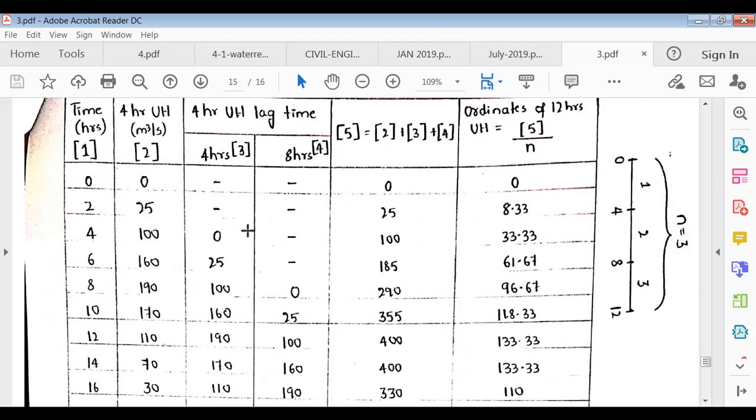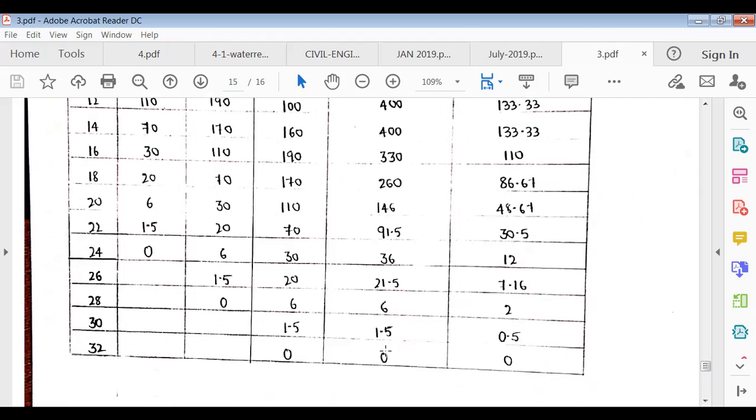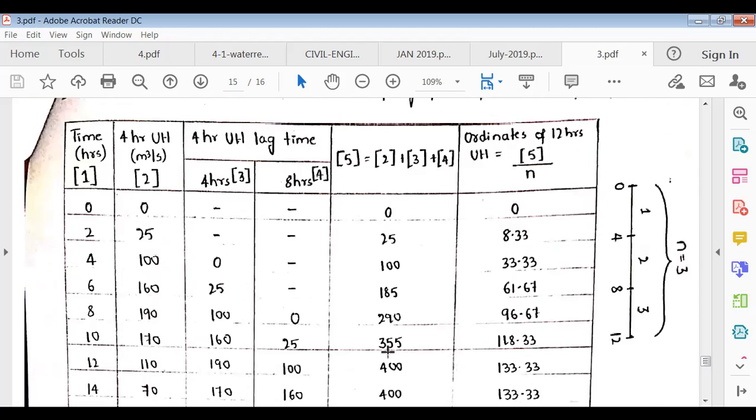All right, then we'll add this now, 2, 3, 4. Okay, 25, 100, 160 plus 25, 185, 190 plus 100 plus 0, 290. So next 170 plus 160 plus 25, this. Okay, we'll go on writing this up to the last point. All right, okay, so now this is the ordinate of a 12 hours altogether.